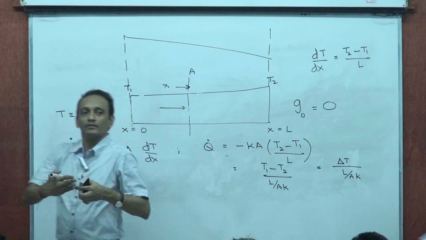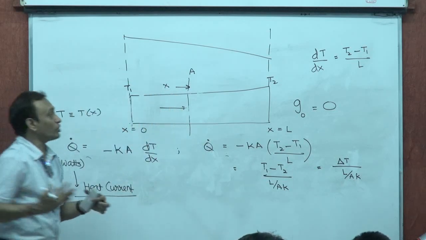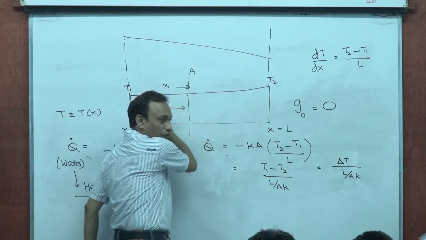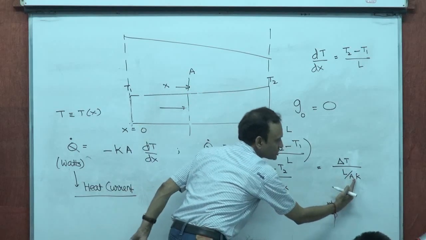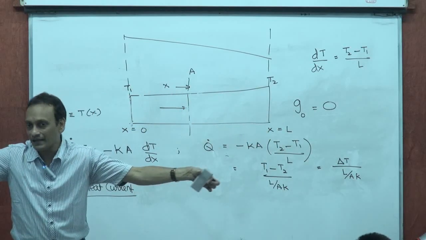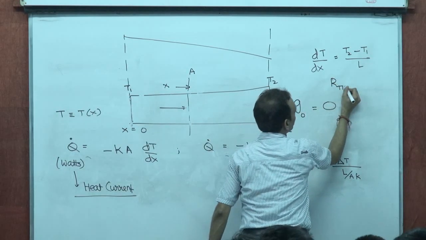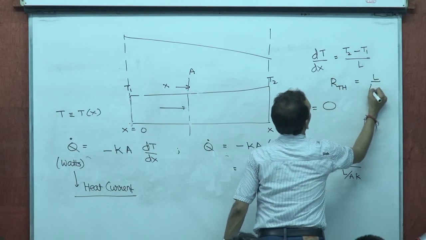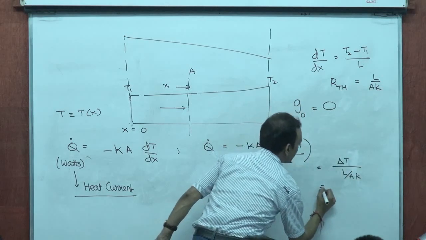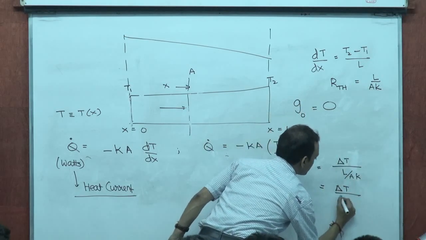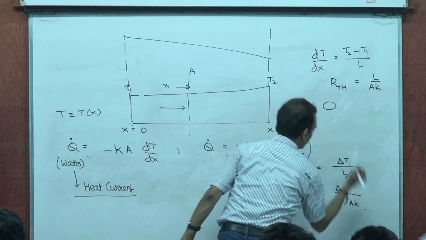So for a constant cross section A, with heat flowing perpendicular to it over a length L, the thermal resistance is going to be L by AK. So the heat current is delta T divided by L by AK.